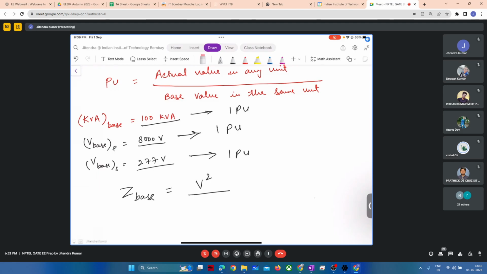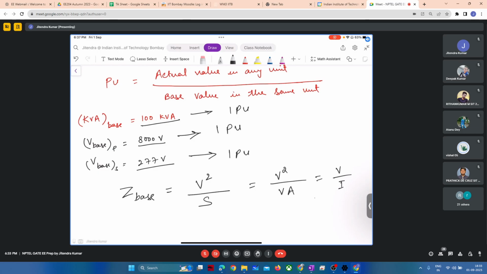Let me simplify it by writing it as apparent power, V square by S. The unit of S is volt-amps. Ideally you are doing nothing but voltage by current, but since we are given a kVA rating on the nameplate of the motor.